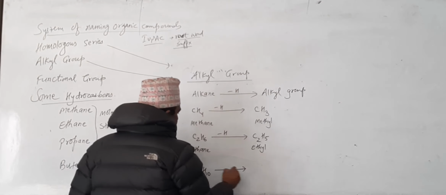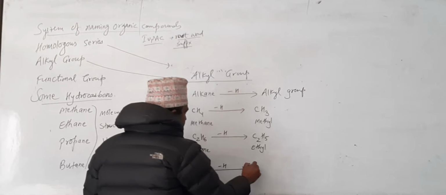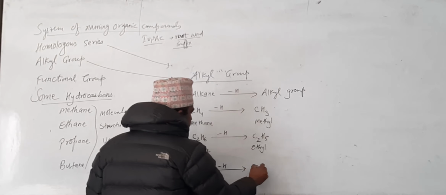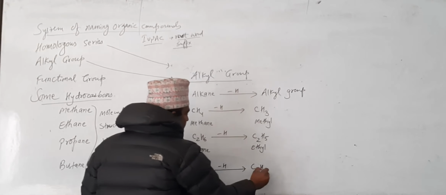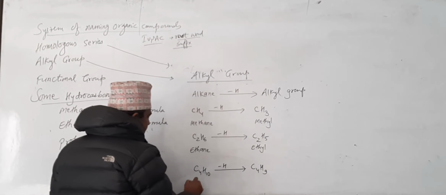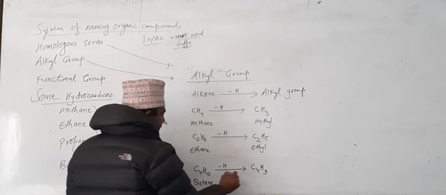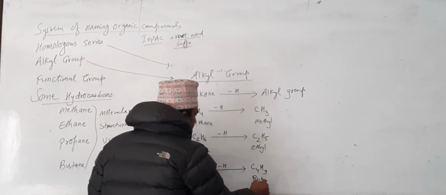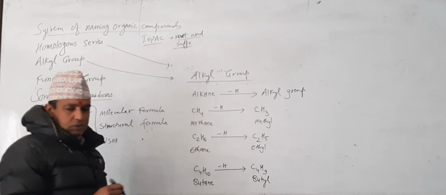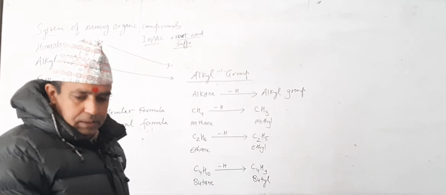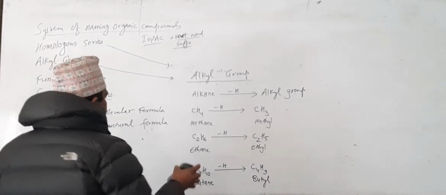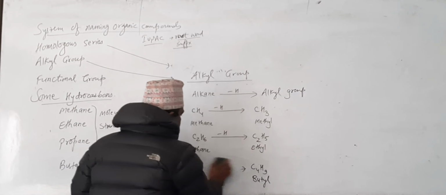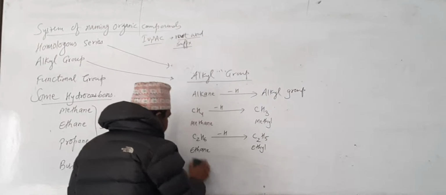C4H10. One hydrogen is removed, then you get C4H9. Butane, butyl. These are radicals, group of charged atoms.